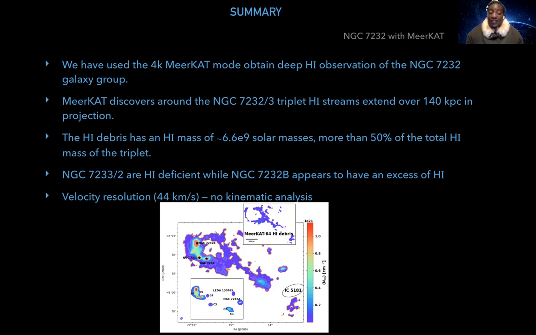We find that NGC 7233 and NGC 7232 are H1 deficient, while NGC 7232b appears to have an excess of H1. We also find that the entire system, that is the galaxy triplet with its surrounding environment, is not H1 deficient.